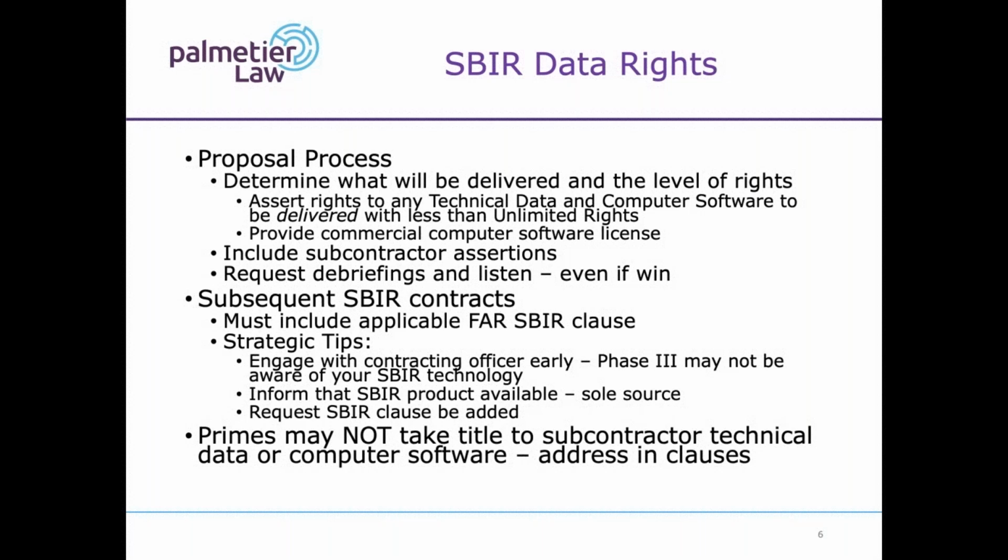If you do not, and you deliver background intellectual property, background IP is IP created outside of the scope of the contract, and you don't follow this process, the government will get unlimited rights to it. So if you don't know this process, this is a key part, and it's one of the main points in time in a proposal where you have to think about your IP strategy in your future.